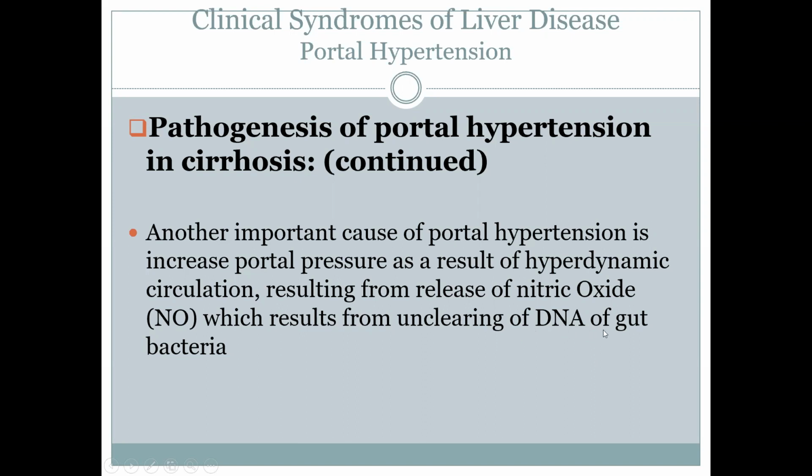As a result of that, this accumulation of the DNA of the gut bacteria is going to result in the release of nitric oxide. And the nitric oxide is going to result in increased hyperdynamic circulation. So there is an added component of increased speed of the circulation, or at least an attempt to increase the speed of the portal circulation, that is going to compound the portal hypertension mechanisms that we have seen before.